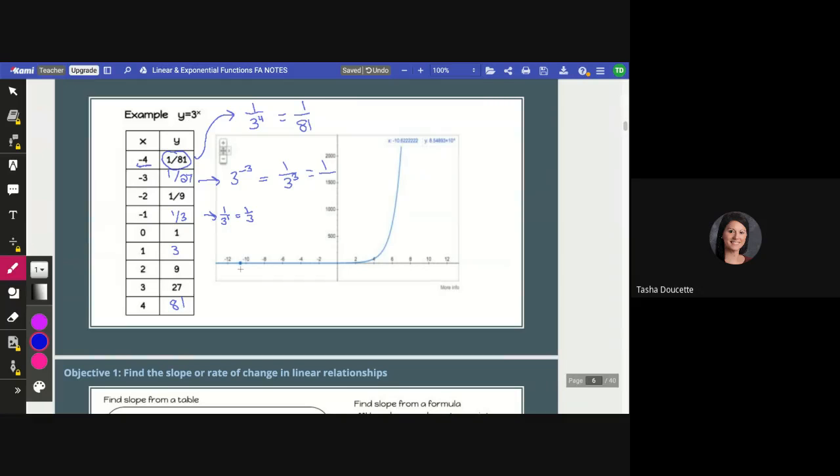So you'll never get a point when a graph looks like this where you'll have 0. Yeah, it's never touching the x-axis. Okay.